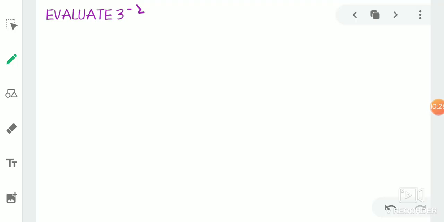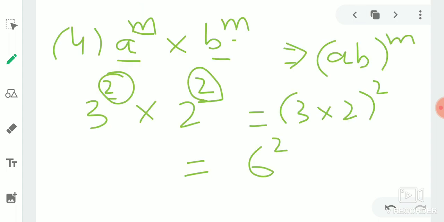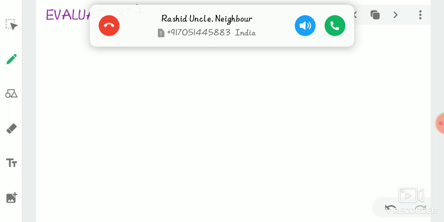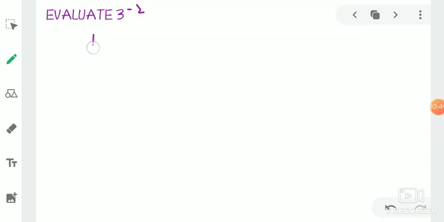Suppose we have to evaluate 3 raised to power minus 2. How can we evaluate it? We have seen in previous slides that if the exponent is negative, we can write it as the reciprocal of the base raised to power 2.